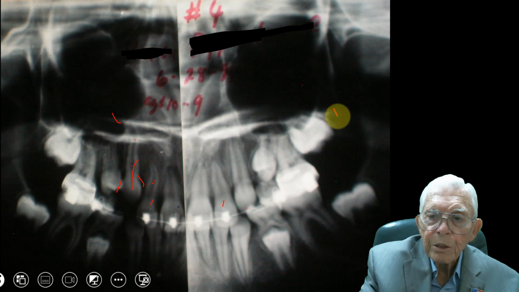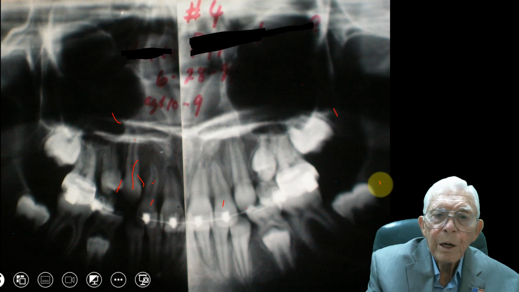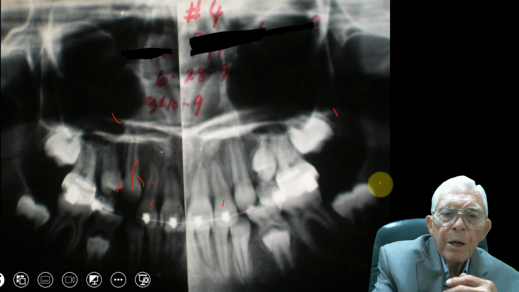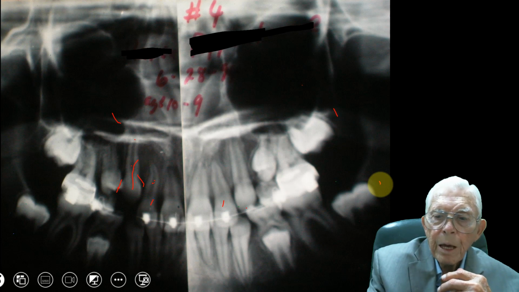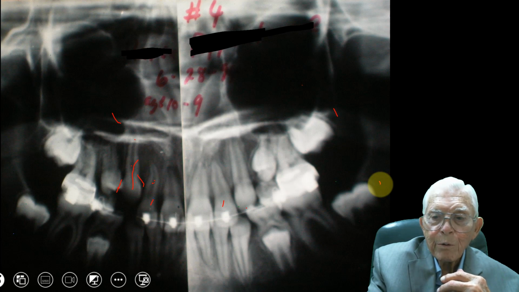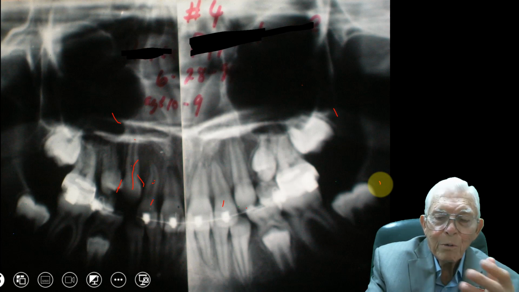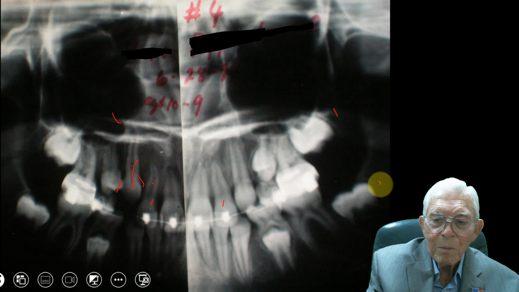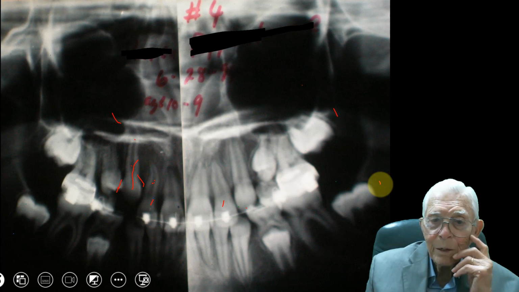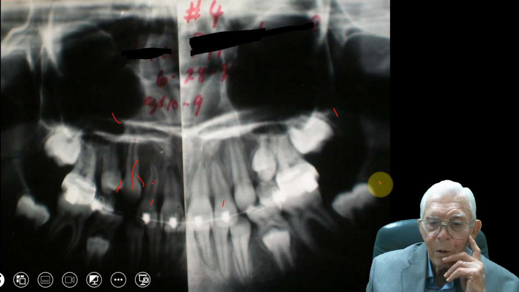Now, she doesn't have any wisdom teeth coming yet, she's 10 and 9, and these are probably wisdom teeth or 12-year molars coming in here. If they're 12-year molars, they're very far behind. If they're wisdom teeth, they're ahead of time. Now, all that's got to come in here by 12, if those are 12-year molars.